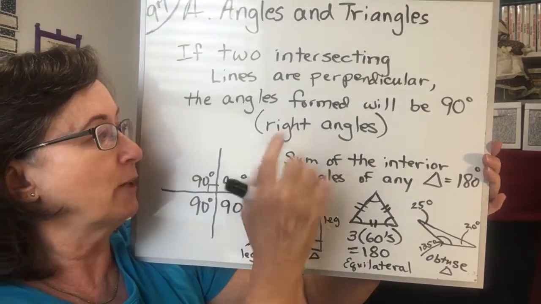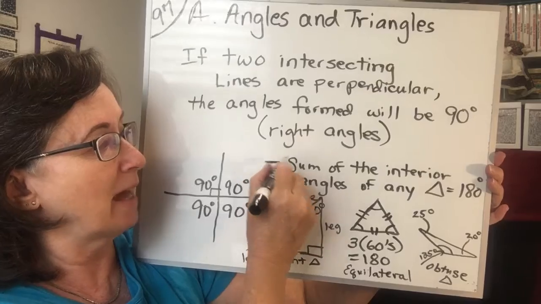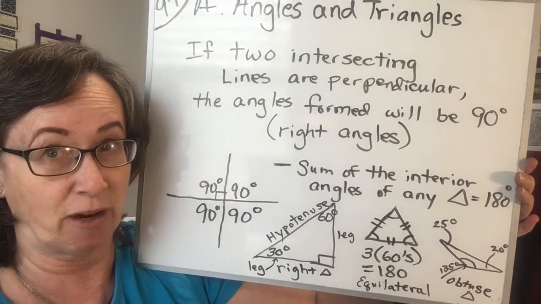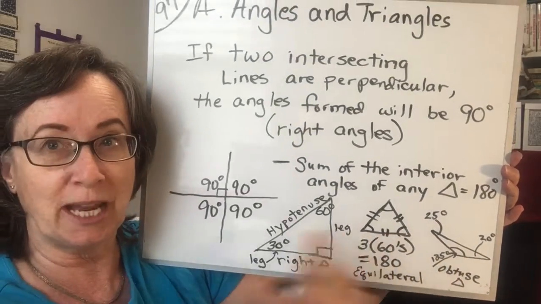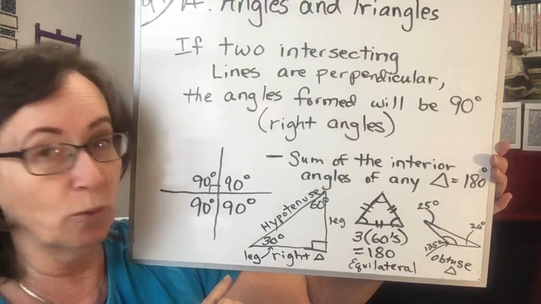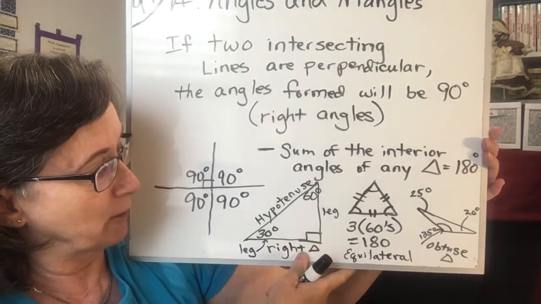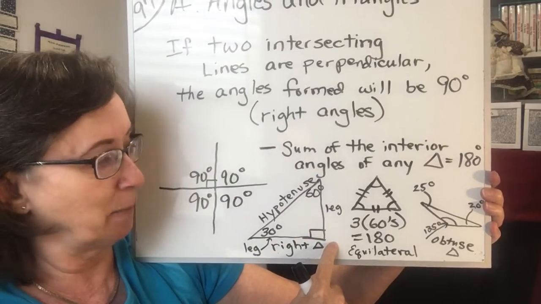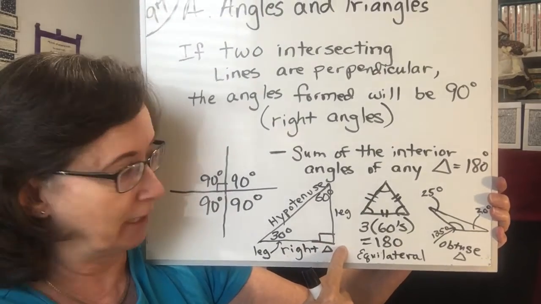Now, we also have a rule that the sum of the interior angles of every triangle, no matter what its shape, equals 180 degrees. So, let's look at some examples. This one, 30, 60, 90: 30 plus 60 plus 90 is 180 degrees.